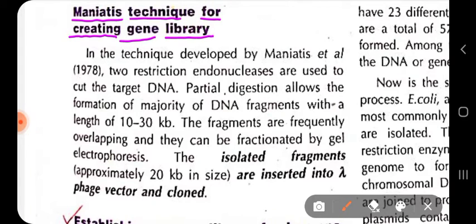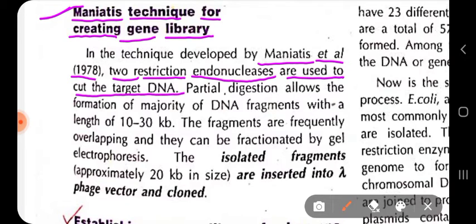Now this technique was developed by Maniatis et al. Et al means his colleagues, those who helped in finding this technique in 1978. For creating the gene library, he used two restriction endonuclease enzymes to cut the target DNA.